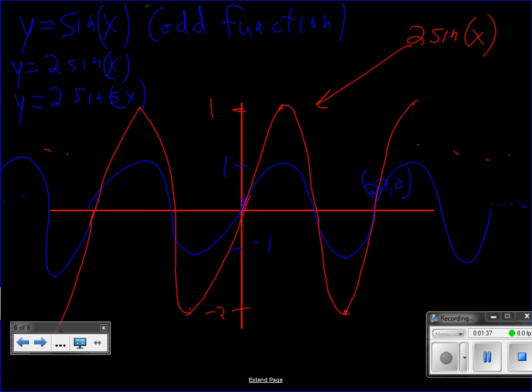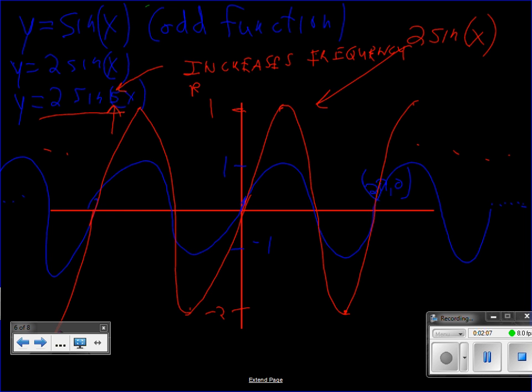What happens to this function when I have a 5 and change the input? Now I've actually got a composite function, but this increases the frequency. It makes a higher pitched sound if you were to play that out on your speaker.